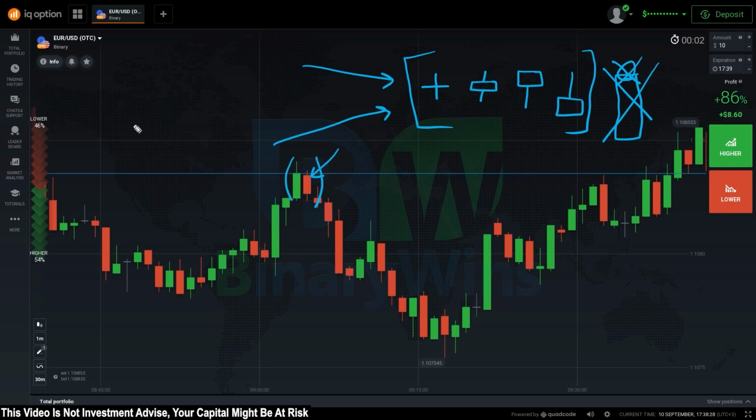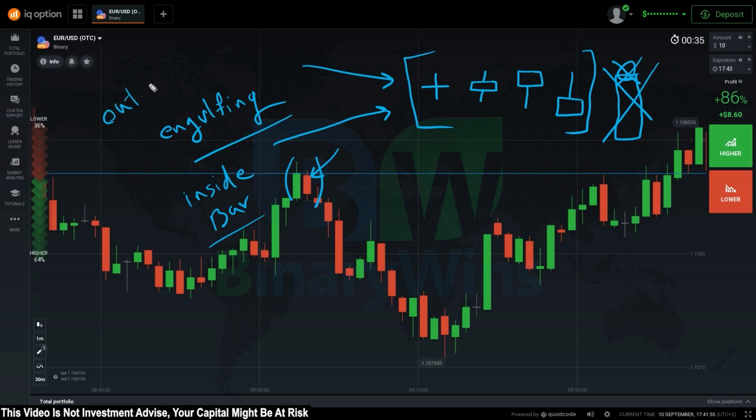That is, patterns such as engulfing, inside bar pattern, or outside bar pattern. It should create a reversal pattern with the previous candle.